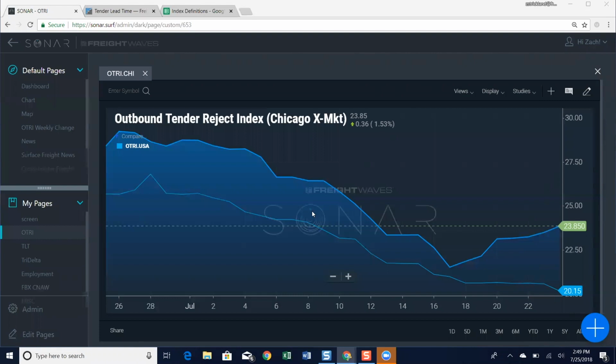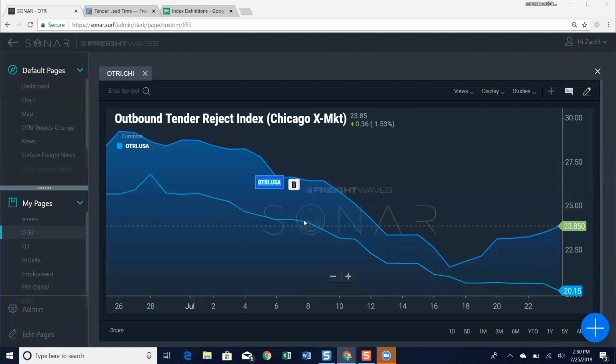We have coming out container volume related to individual ports and commodities. As Zach touched on, we also will have the volume index by geographical region, by these X market regions. So you'll be able to see inbound and outbound.